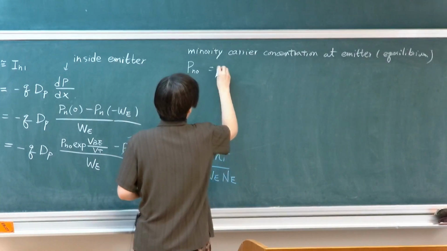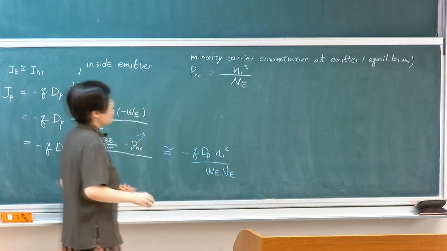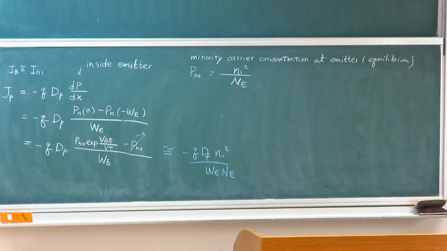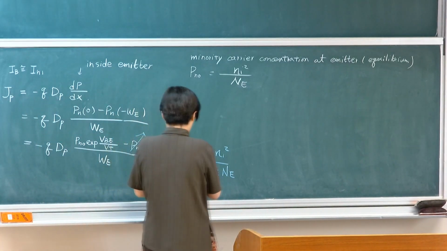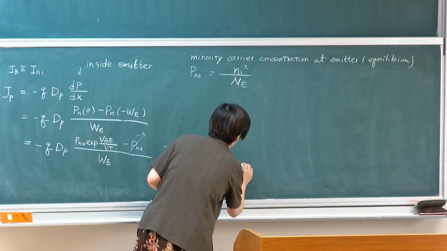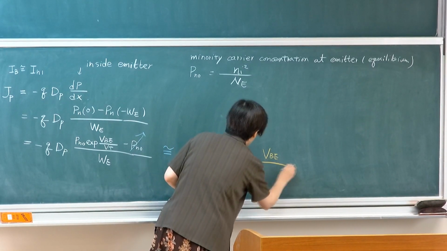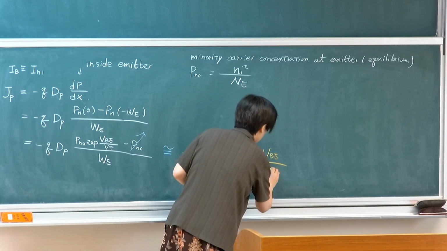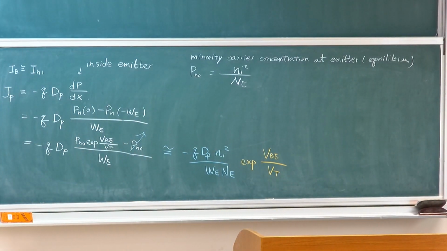So Pn0 will be Ni squared divided by its doping concentration. Okay? So then my voltage-dependent term would be exponential VBE. I would take out the voltage-dependent term and take out this minus 1. It doesn't really affect too much.